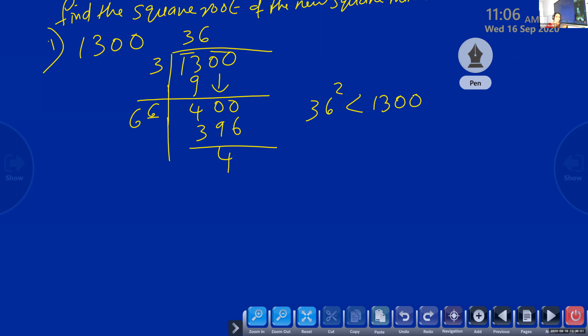So what will it be? 37 square. Yes, it is 37 square. The square number less than 1300 is 36 square, so the square number more than 1300 is 37 square.